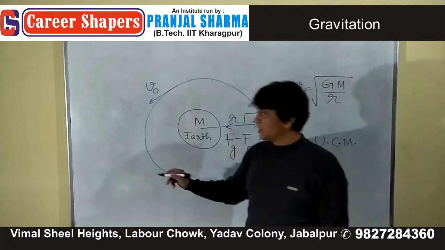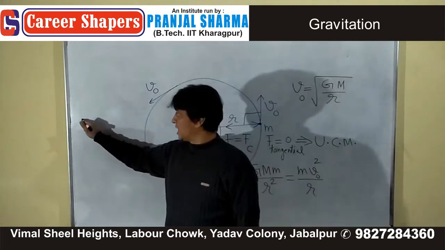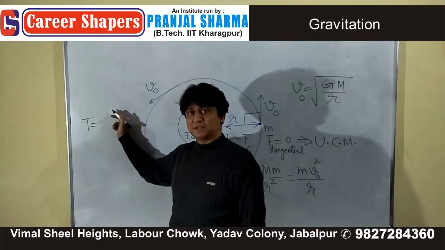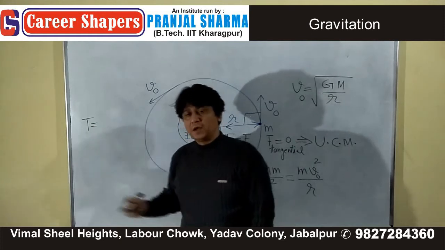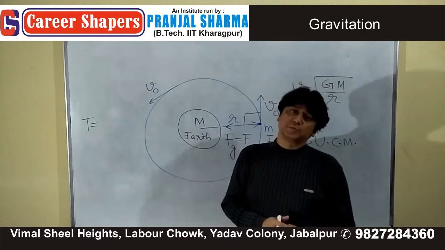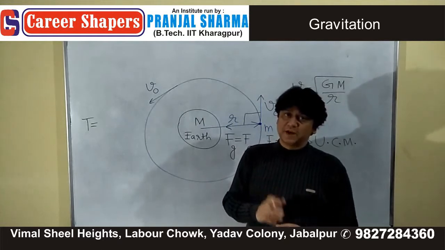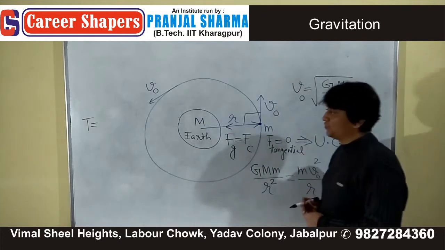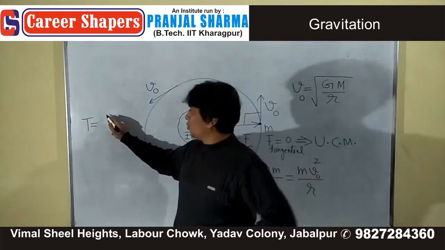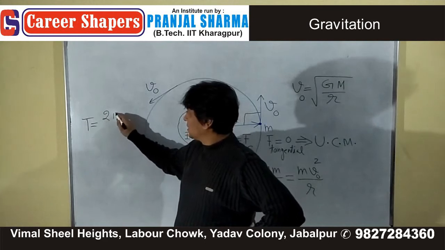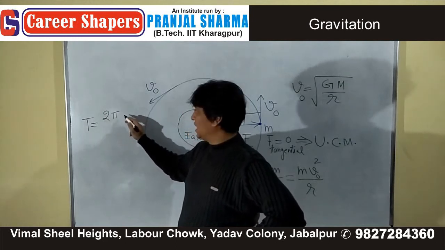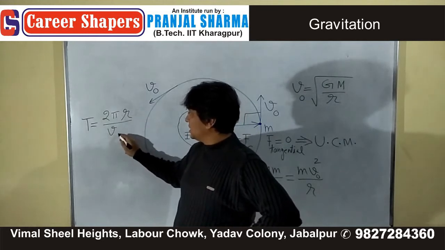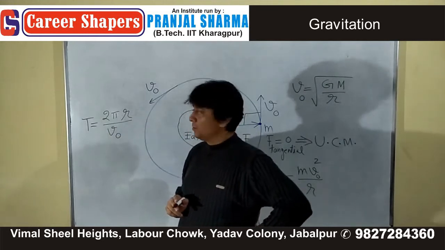How do you find time? Time is found using this formula: distance divided by speed. When do we use time as distance upon speed? Only if speed is constant, which it is for this profile, and therefore the total distance covered by the satellite is 2 pi r divided by its orbital speed, which is V_O.